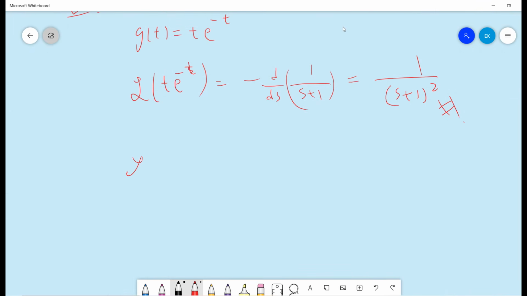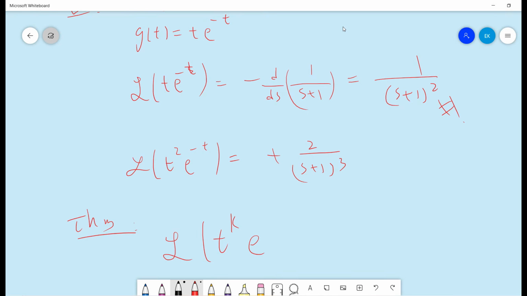You can also compute this by doing the same thing, just keep taking the second derivative. You get this. So the fact is that the transform of t to the k times exponential minus t is k factorial over s plus 1 to the k plus 1. You're just taking k derivatives.